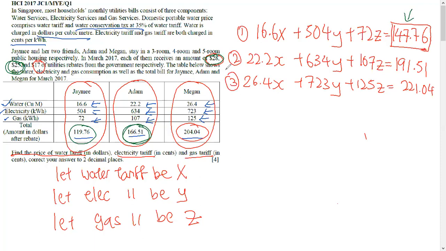And so to solve this, very simple. You just go to your GC, go under apps, go under PlySmlt2, and then you go for the equation solver.